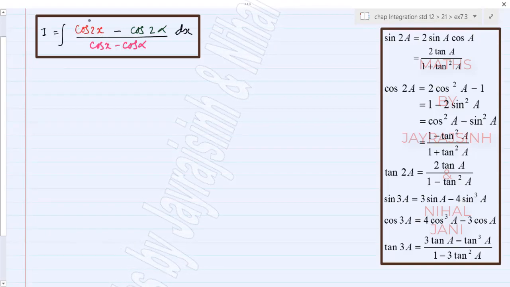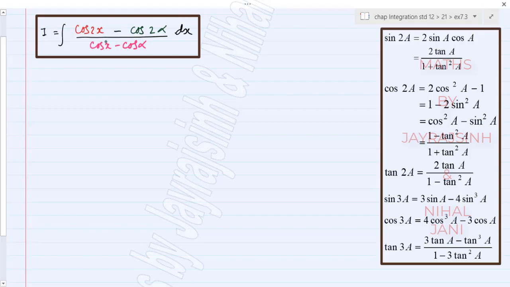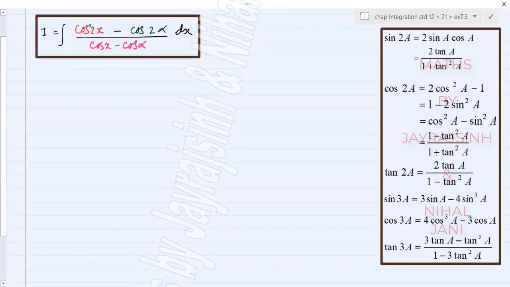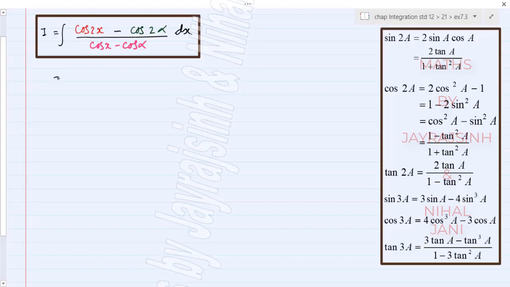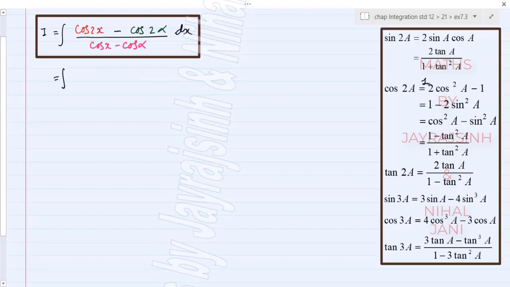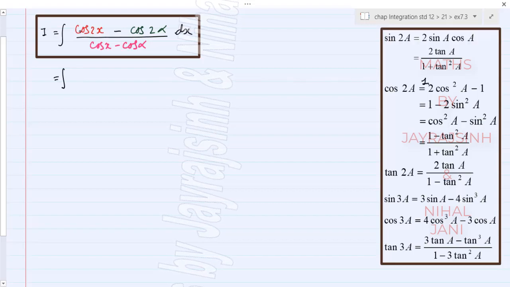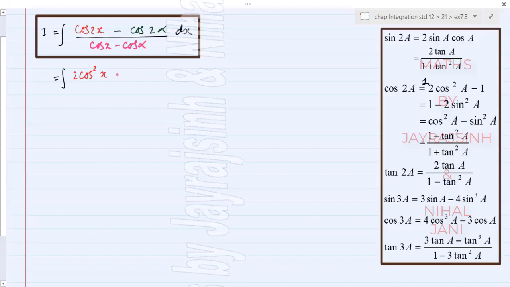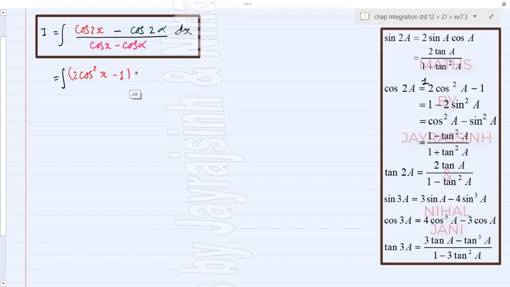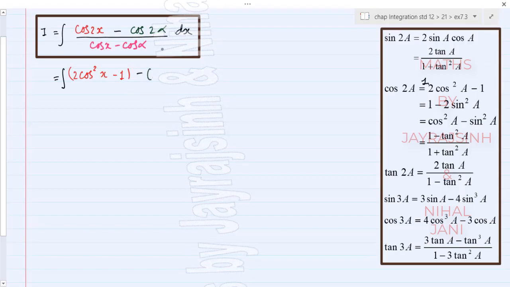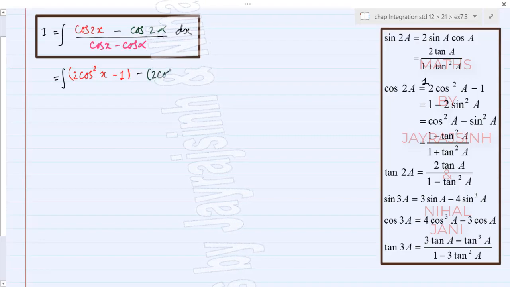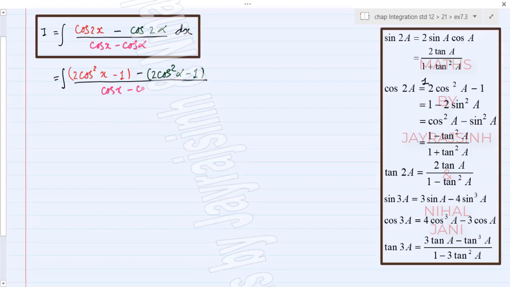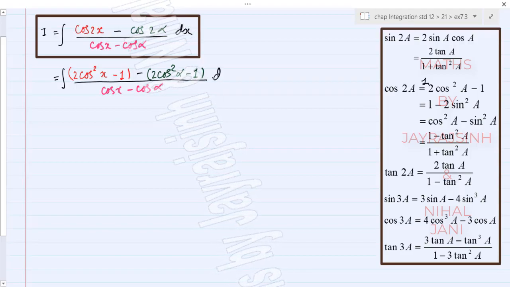Here we have to integrate cos 2x minus cos 2 alpha upon cos x minus cos alpha. So in the numerator, we need to get terms in cos x. So let's use the first formula of cos 2a. This cos 2x will become 2 cos square x minus 1, minus this cos 2 alpha will become 2 cos square alpha minus 1, and your denominator still remains as it is.